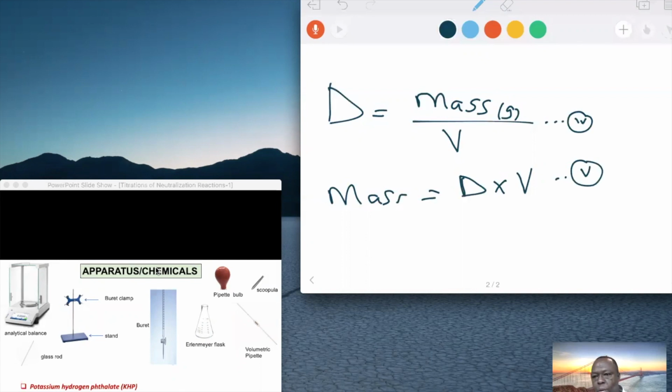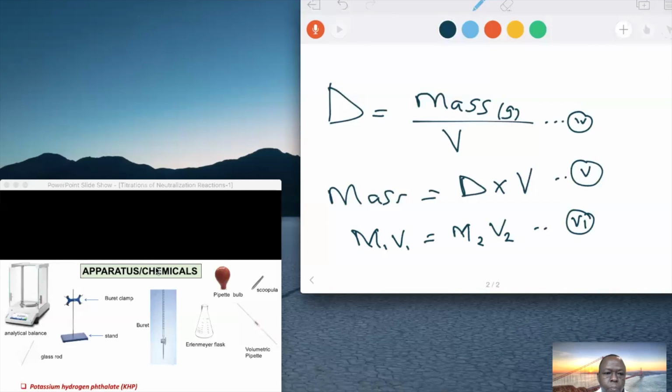I can even add a sixth one, which we just used last week: M1V1 equals M2V2. This is the dilution equation. We should be able to use those equations in today's lab.